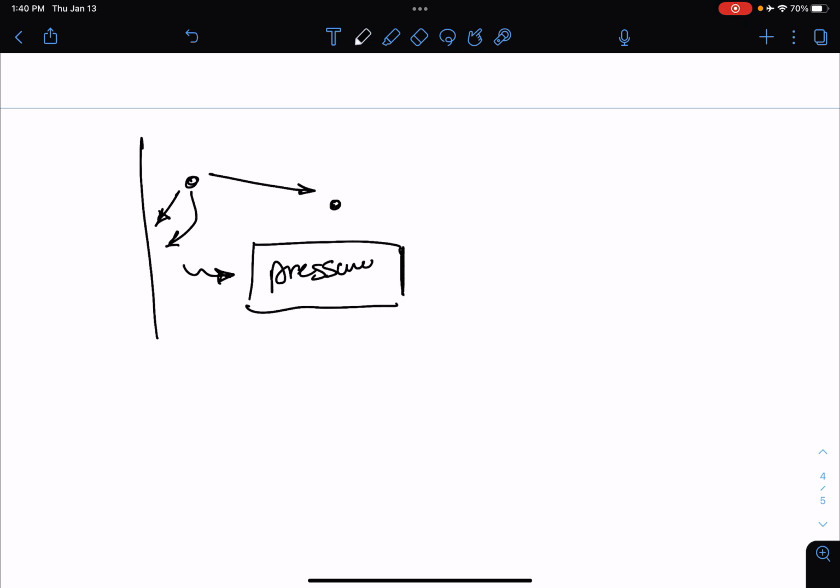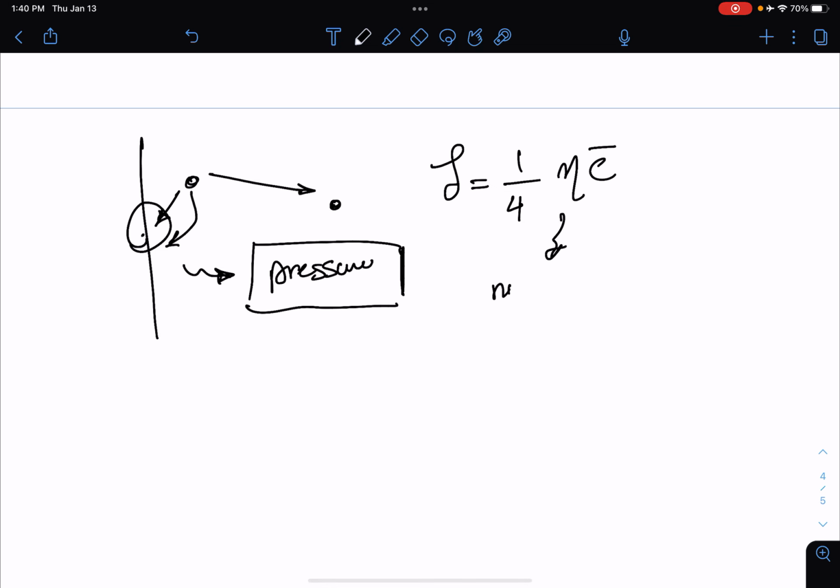So we need to characterize this as well. The frequency of these collisions is characterized by 1/4 eta multiplied by the average speed. This eta here is the number density of molecules.